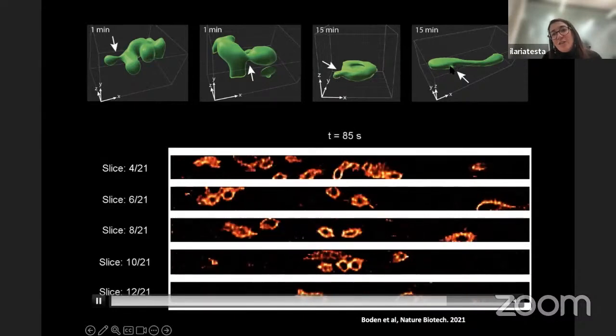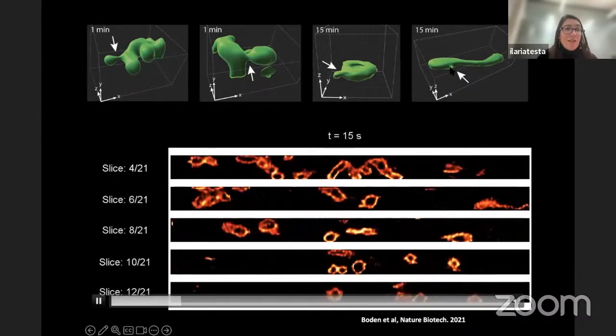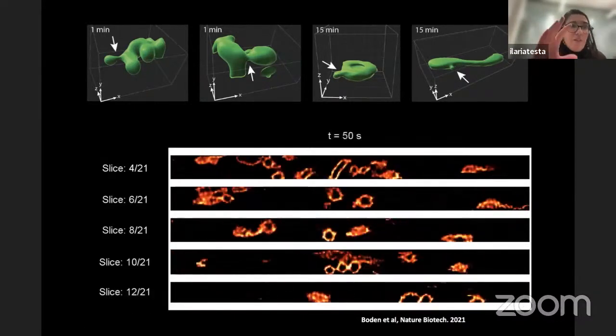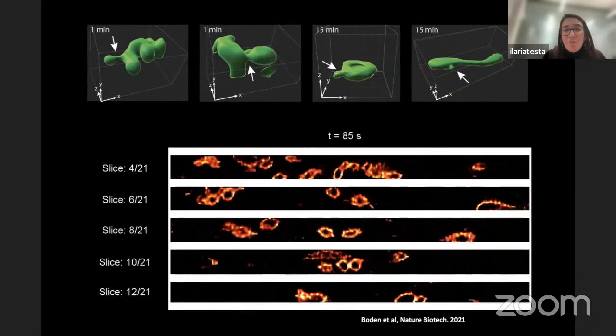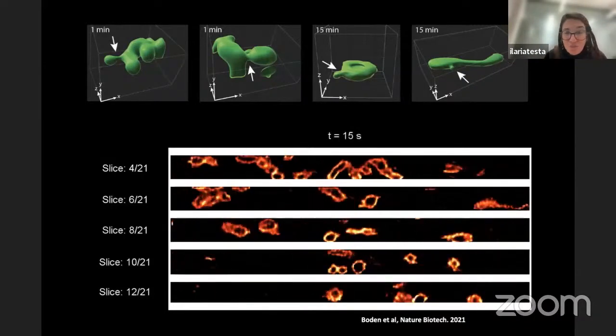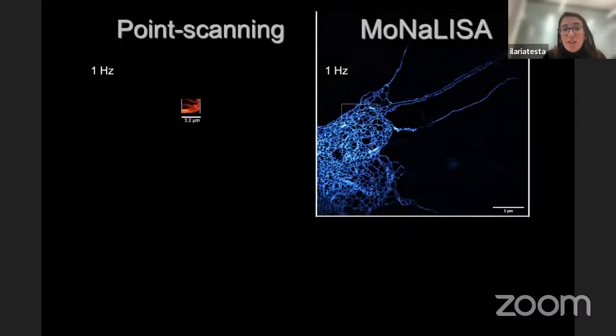Eventually they start budding out tiny vesicles that probably have a lot of oxidized, broken protein that they want to get rid of. So this is the type of study you can do.